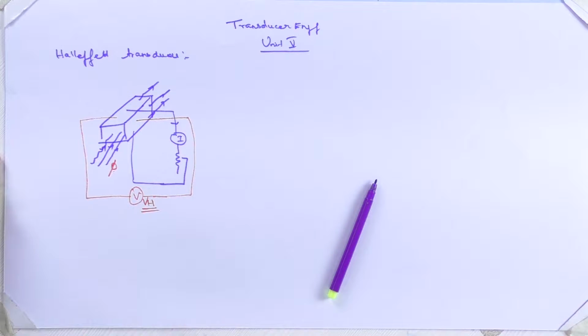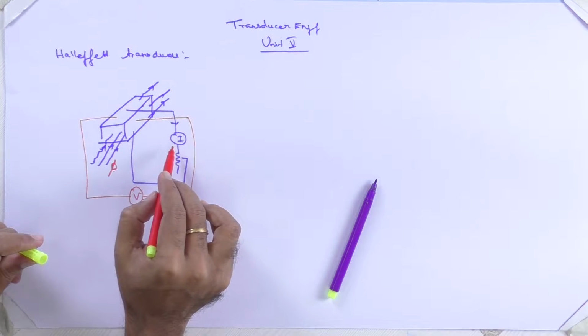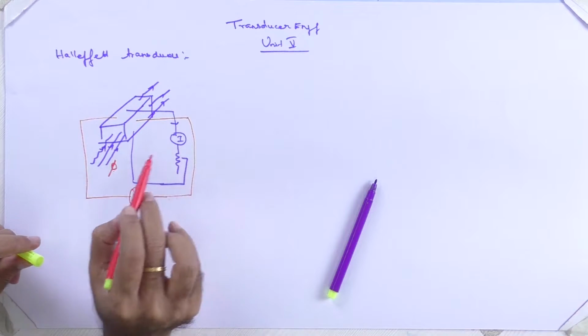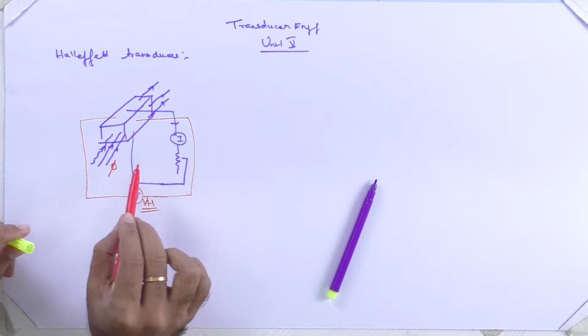When a current carrying conductor has a magnetic field going through it, a voltage is induced which is perpendicular to both the current and the magnetic flux. The output is proportional to the amount of current and also to the magnetic flux.